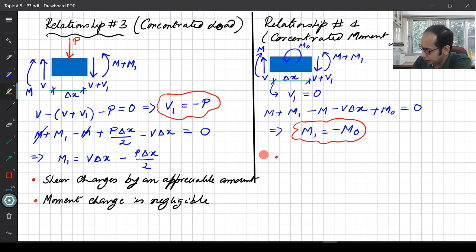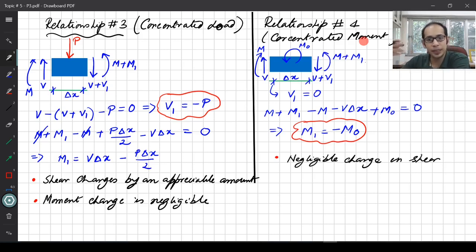One key takeaway is that for the case where you have the concentrated moment, we are going to have negligible or pretty much no change in shear, and the moment changes by an appreciable quantity. Appreciable change in moment.